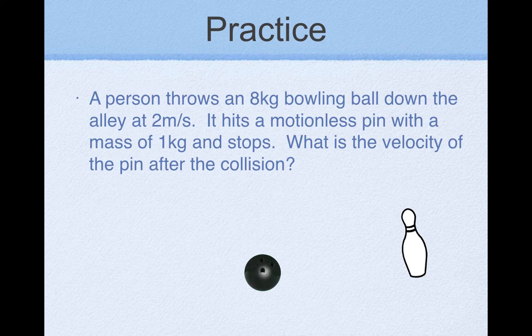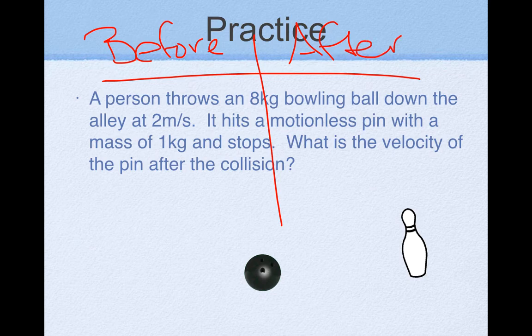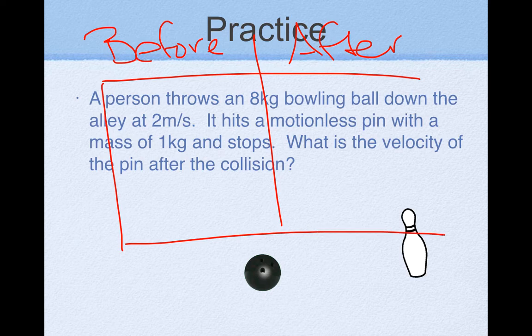So we need to set this up. The best way to set it up is to have a table. We have our before and we have our after. Two objects that we have: the ball and the pin.